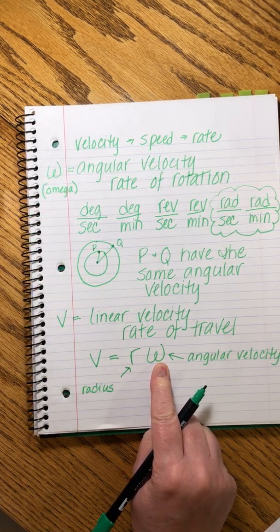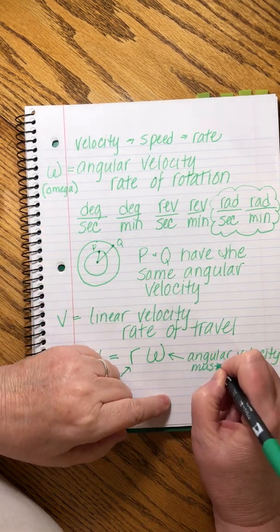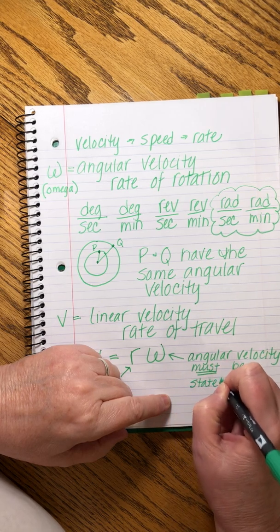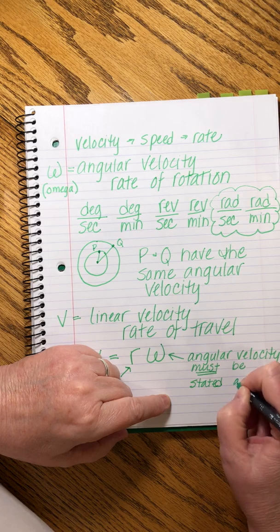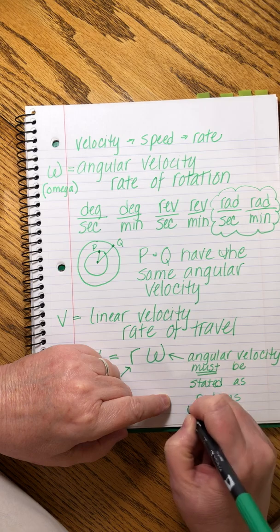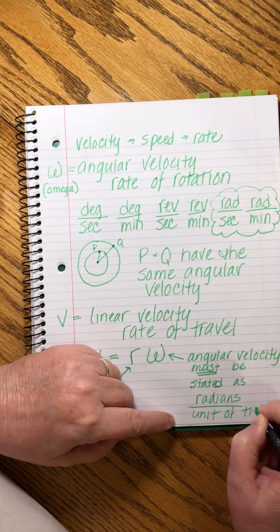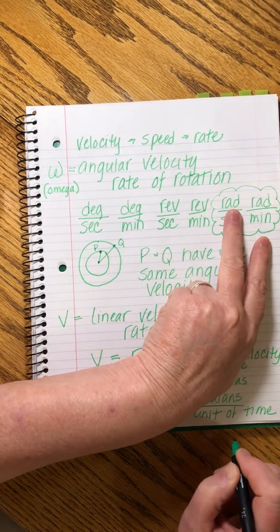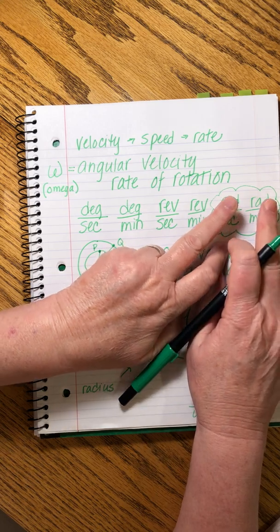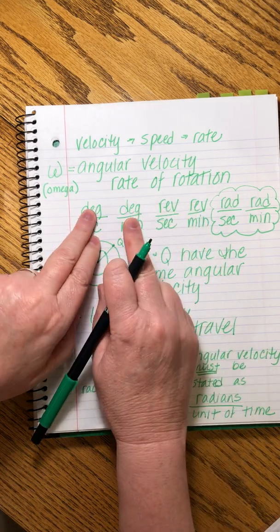But here's the trick. The angular velocity must be stated as radians over a unit of time, as I highlighted here. It doesn't matter which unit of time, but we have to use the unit of radians, not revolutions and not degrees.